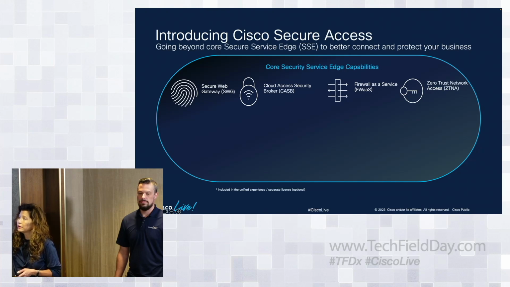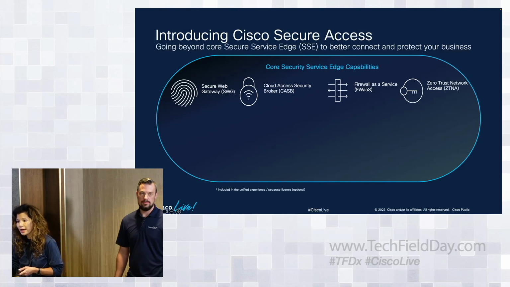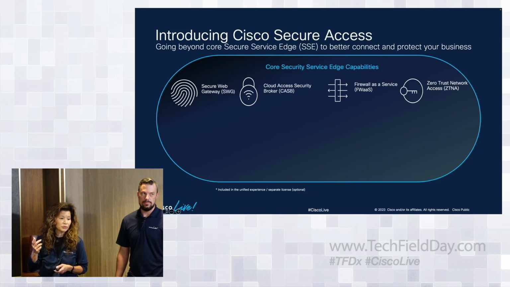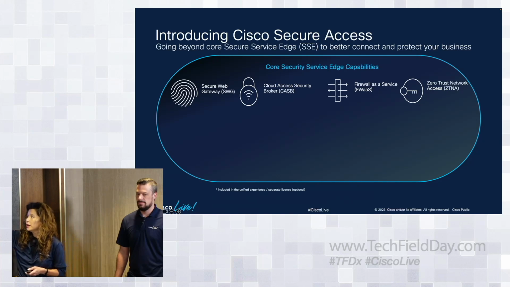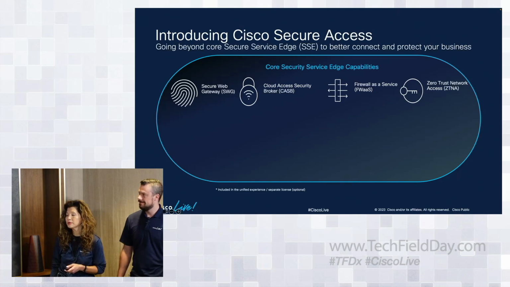Then we've got our Cloud Access Security Broker, CASB, functions that help you detect malware, alert on risky apps, and protect data at rest or in motion. And our firewall as a service capabilities. We all know what a firewall is. It also supports IPS inspection as well.